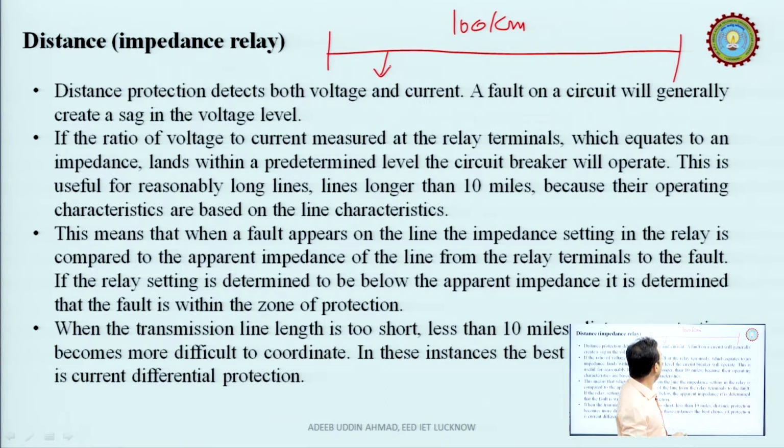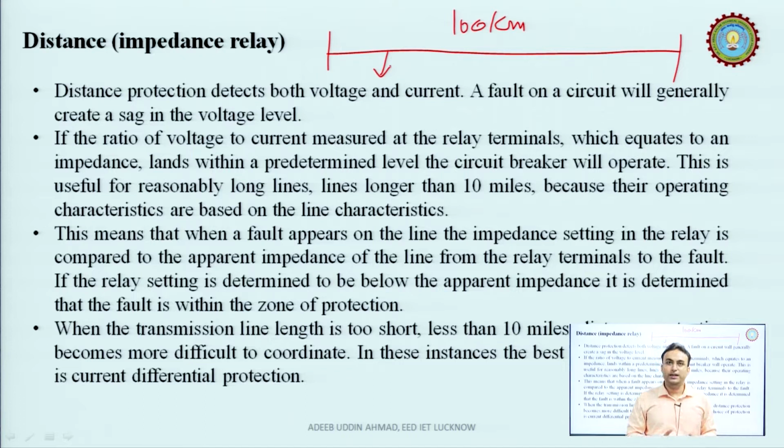We cannot check the whole transmission line, because it has a long length, and we do not want to waste our time. That is why we opt for a type of protection that depends upon the length of the transmission line. That is called distance or impedance protection.